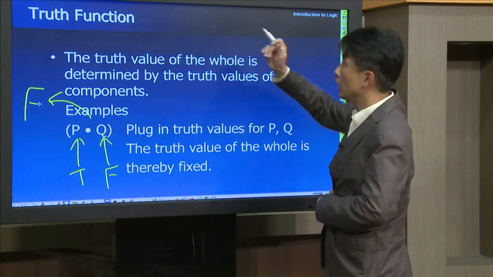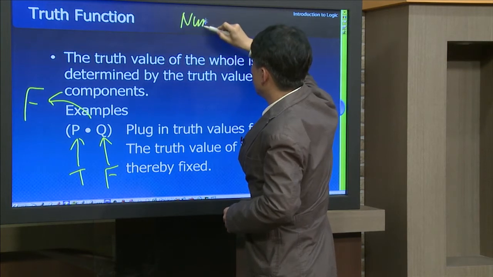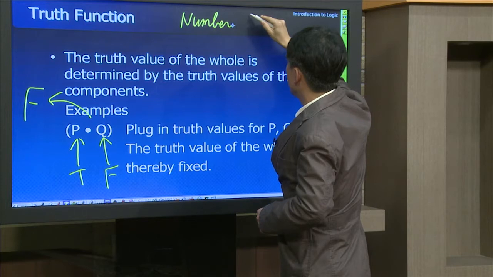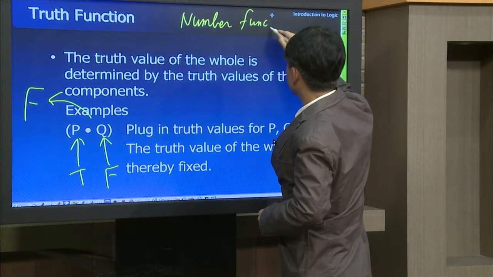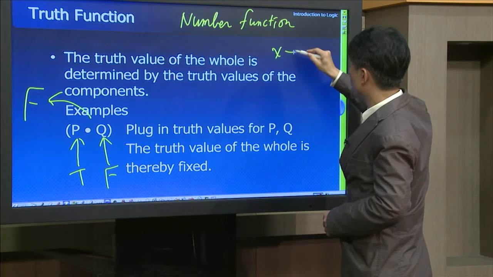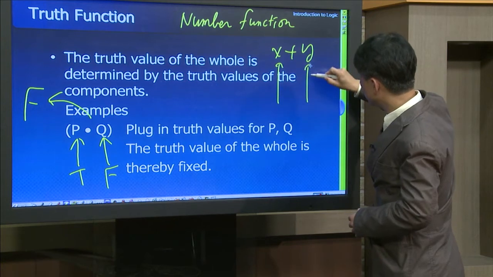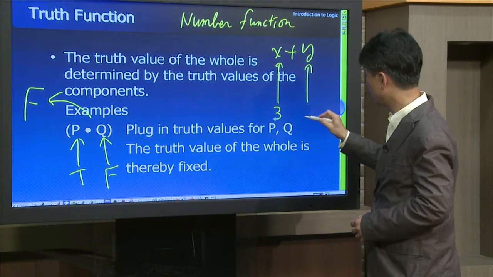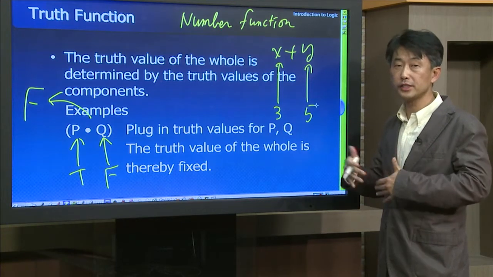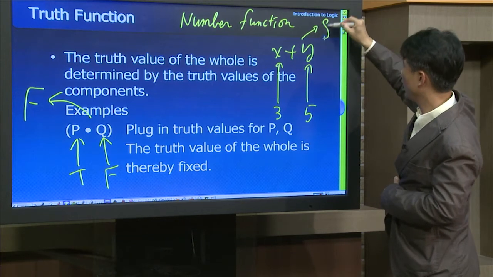It's like a numerical function. If I give you an analogy, a numerical function like x plus y. You plug in numbers there, let's say 3 and 5. The value of the whole thing is thereby fixed. It gives the value 8.